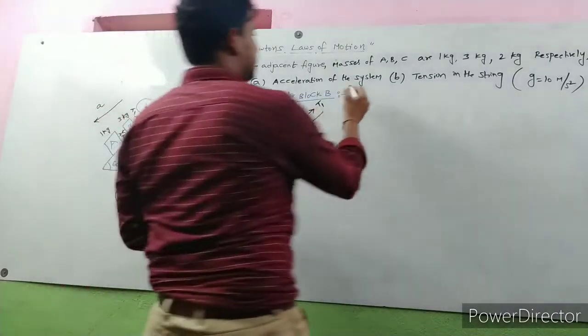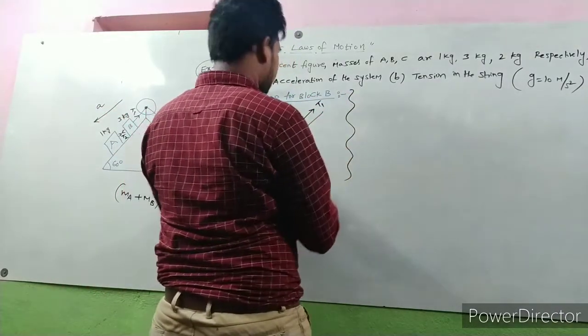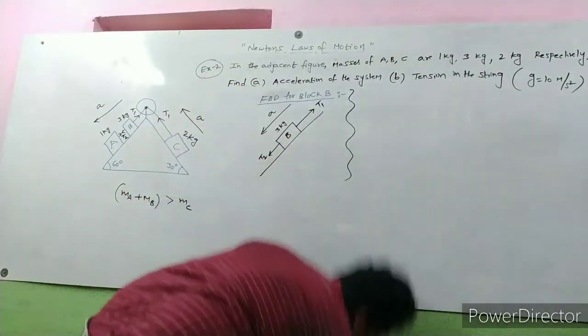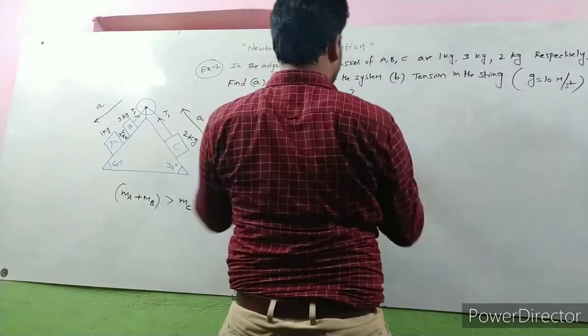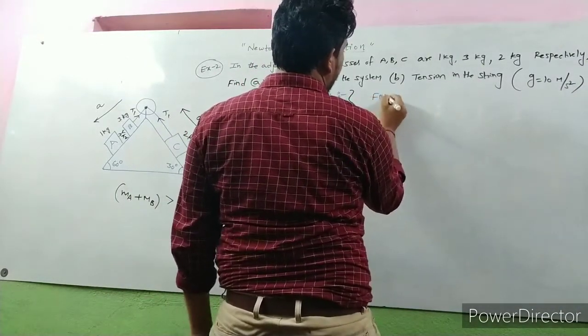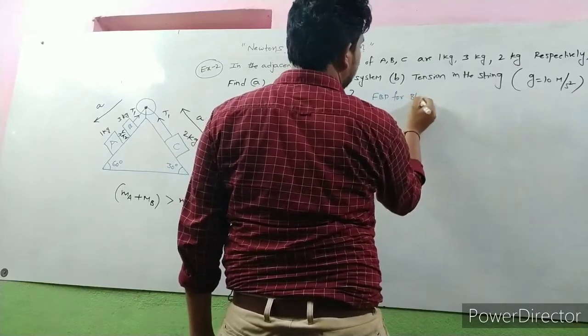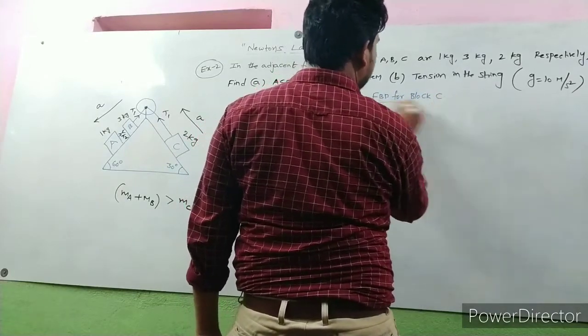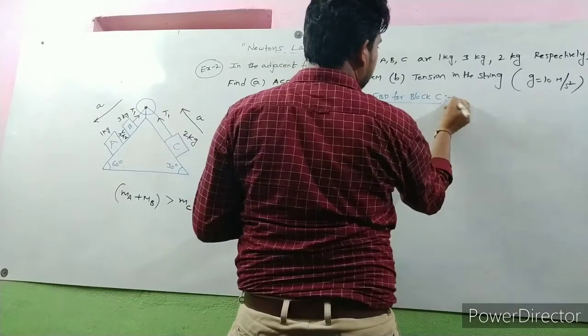Next diagram, the FBD for block C. How do we draw the FBD for block C?